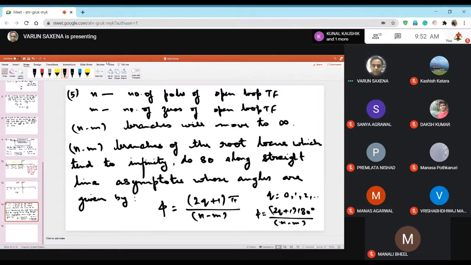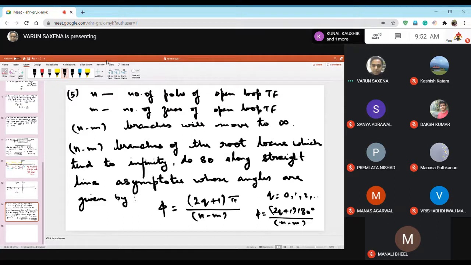So this is another rule that you people must remember. Okay, we'll see all these things when we are doing the work. But I think this is another rule that you people must remember.